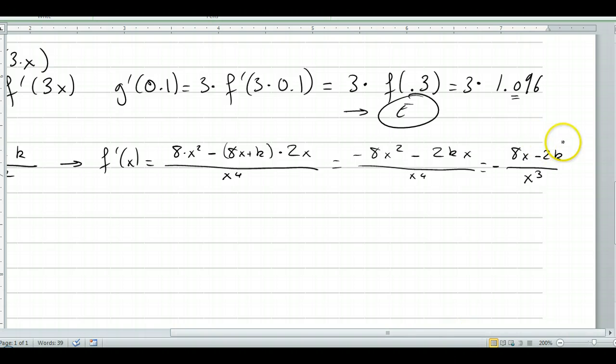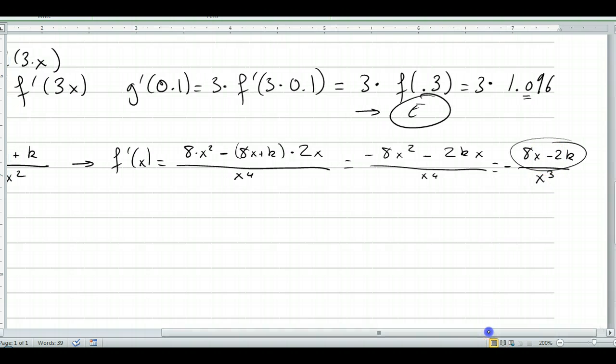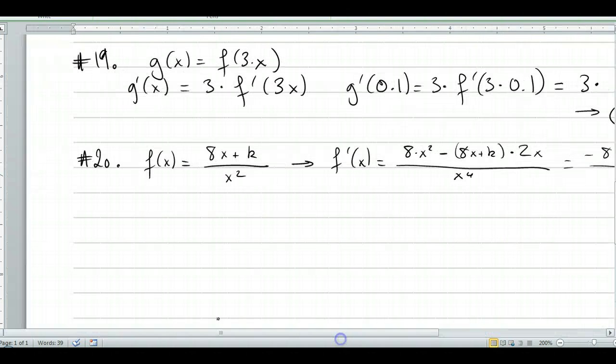Okay, CP, you want the denominator to be 0? Sorry, let's call it the numerator. 8x minus 2k equals 0. So k is equal to, oh sorry, wait, well, okay, fine, I can say that.